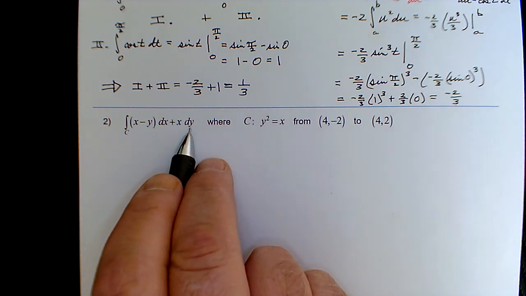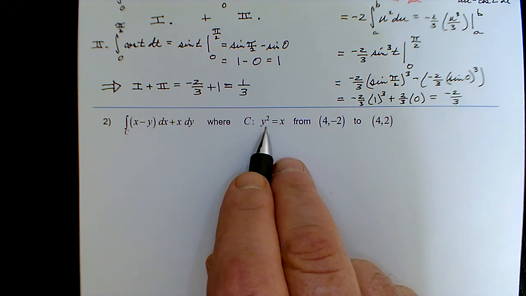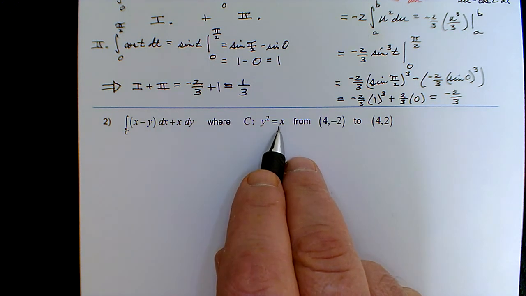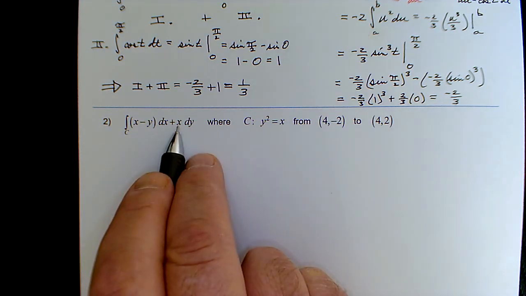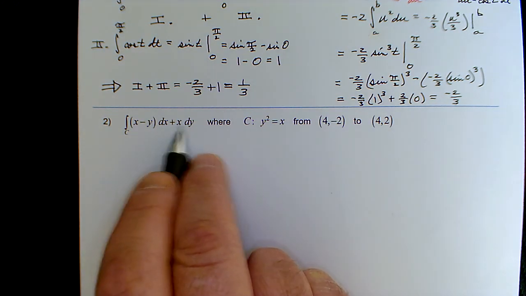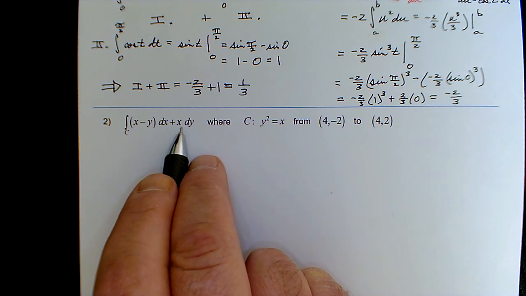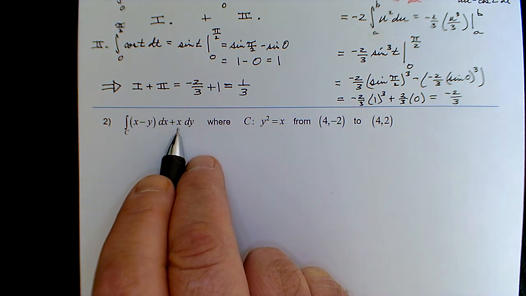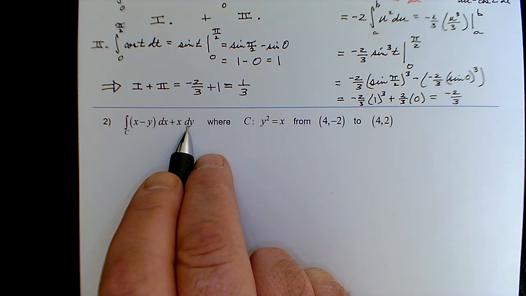If we look at the x dy integral, based on the fact that y squared is x, if we substituted an x in that integral, then x would be y squared, so we'd have y squared with dy, which is readily integrable.